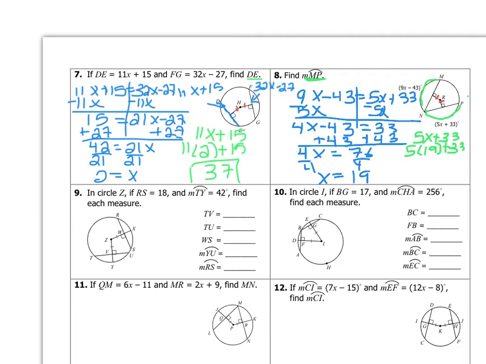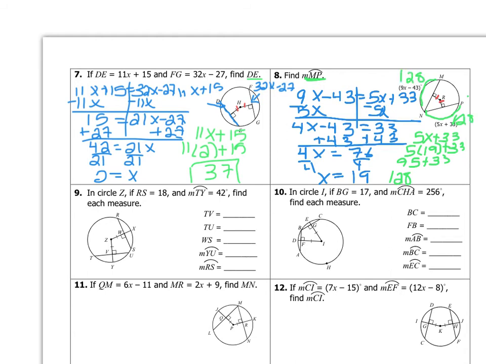And let's see, so we get 95 plus 33, so that equals 128. So this is 128, and that's 128.